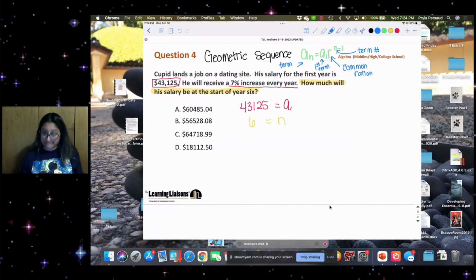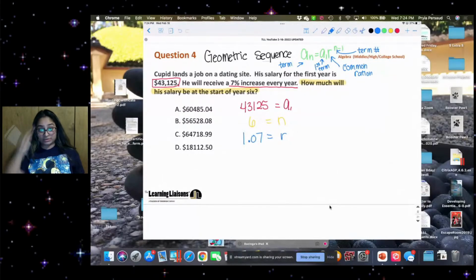Our ratio is actually 7%, but it's not just 7%. So just like the other problem, there's a little bit more than just what we see. It's whatever the year was before and 7%. So the ratio is 1.07.